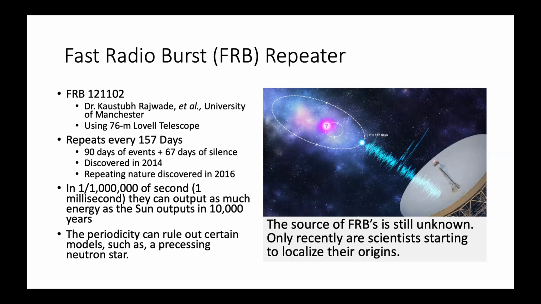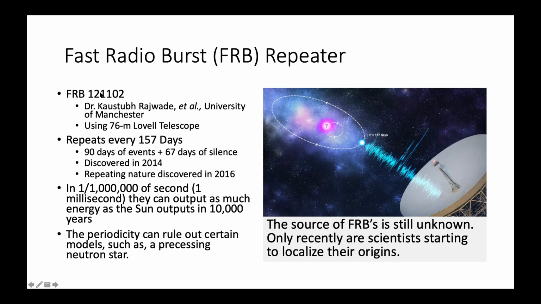And within that time period, that burst of energy can put out as much as our sun in 10,000 years. So that's how much energy is packed into one of these bursts. And they tend to be way outside our galaxy. There have been measurements of several hundreds of these now in more recent history. But repeaters are very rare. There's like a handful of repeaters.